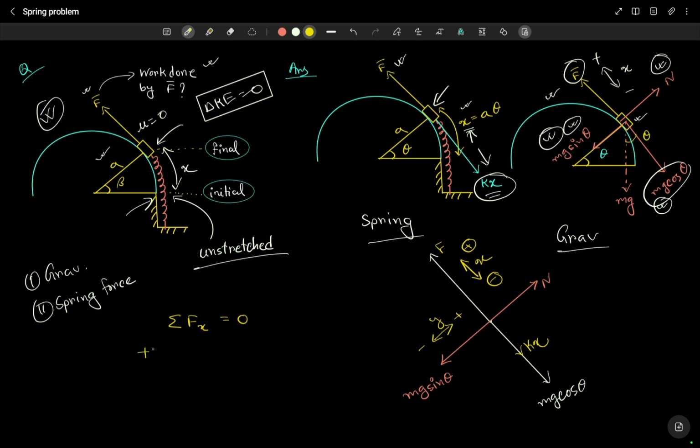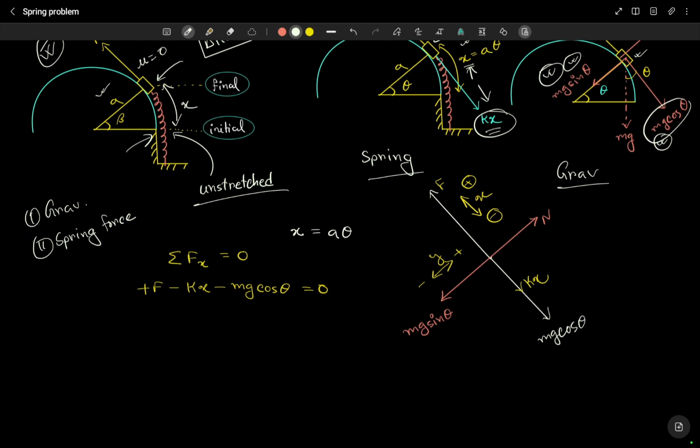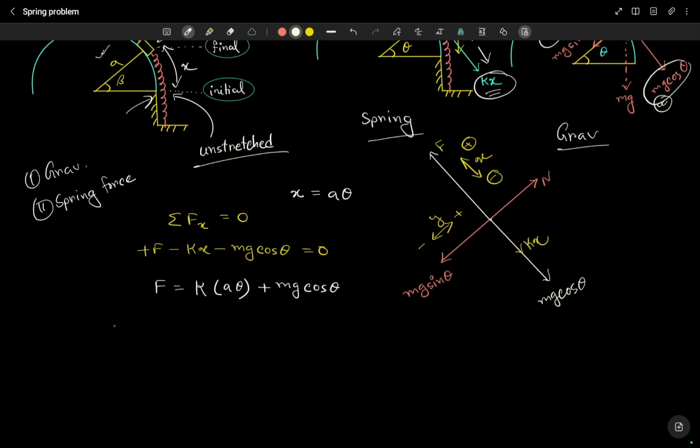So this will be F minus kx minus mg cos theta, which will be equal to 0. And we have already shown that x is equal to a theta. So F will be equal to kx, and we will replace it with k a theta plus mg cos theta. So we have found a function F with the variable theta.